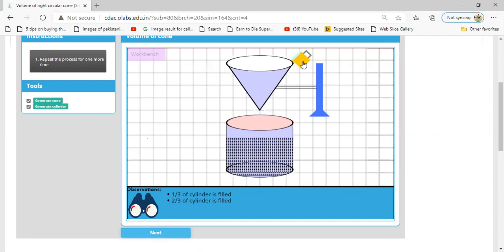Similarly, again you have to fill the sand in the cone. So here 2/3 of the cylinder is filled. 1/3 of the cylinder is filled, 2/3 is filled. Second time now.